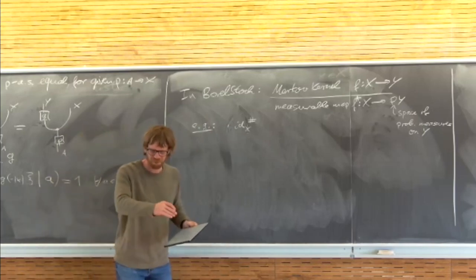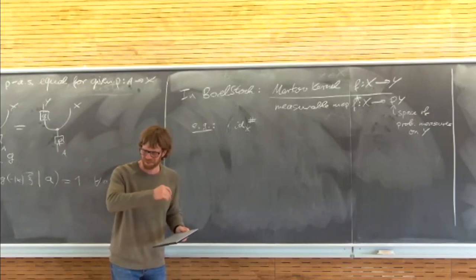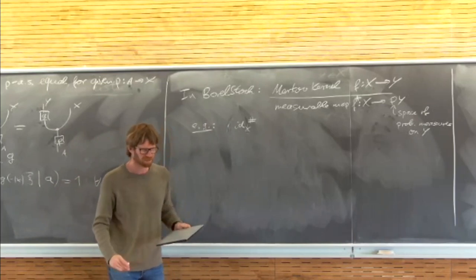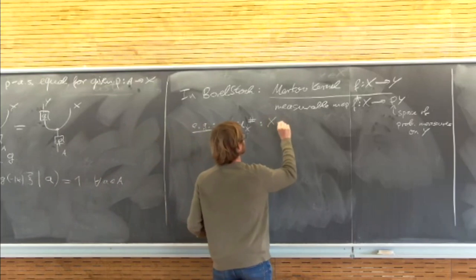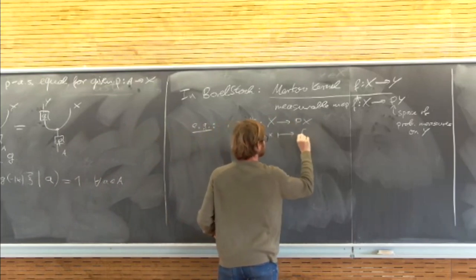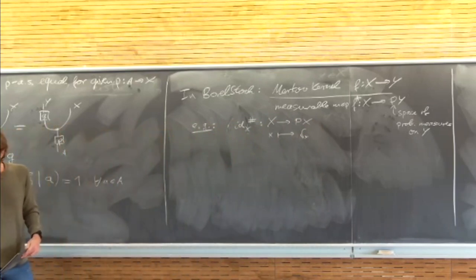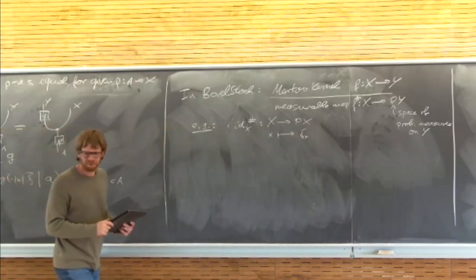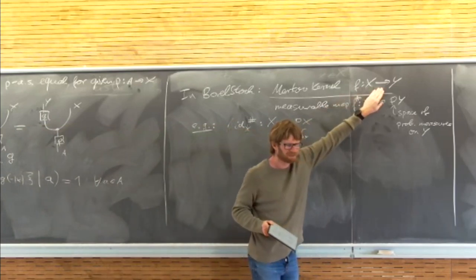The identity Markov kernel, which I forgot to say yesterday, is the one that associates to every point little x the delta at x. So this counterpart is just the measurable map x to P X that maps every point little x to the delta at x. This is what we get when we start with the identity up here.